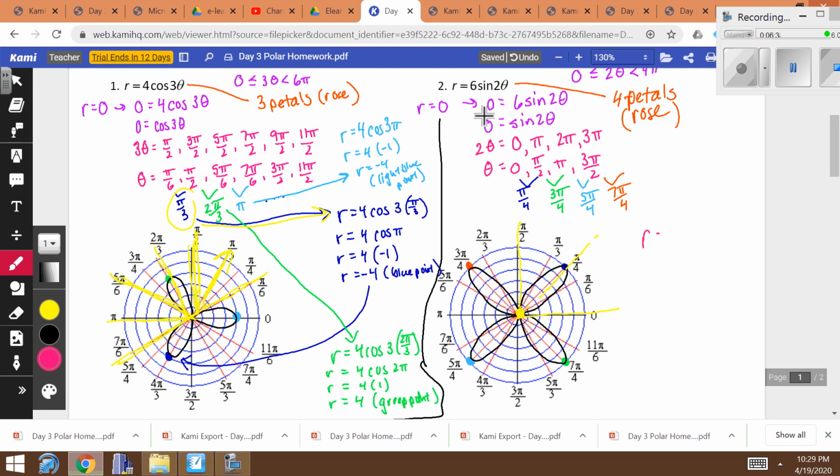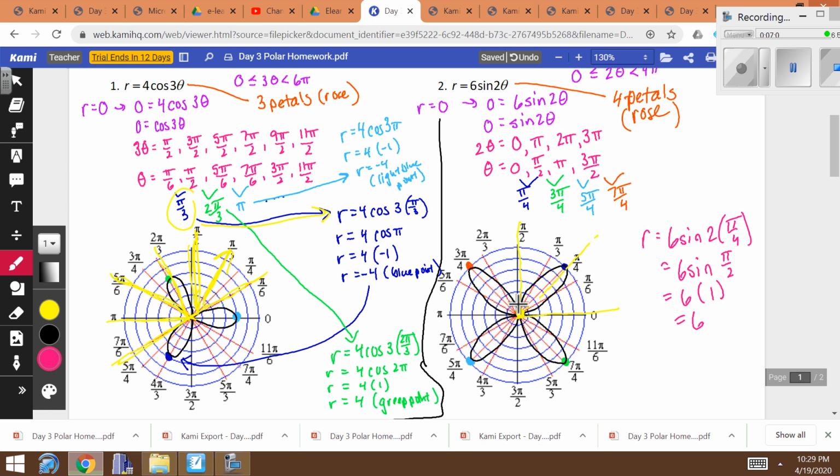So r equals 6 times the sine of 2 times pi over 4. So 6 times the sine of that would be pi over 2. We know the sine of pi over 2 is 1, and so that gives us the value of 6. So that's why I have a point right here at positive 6.